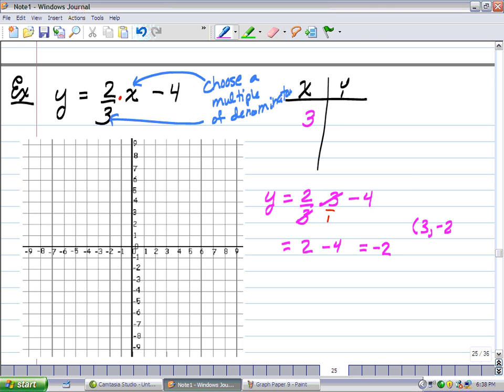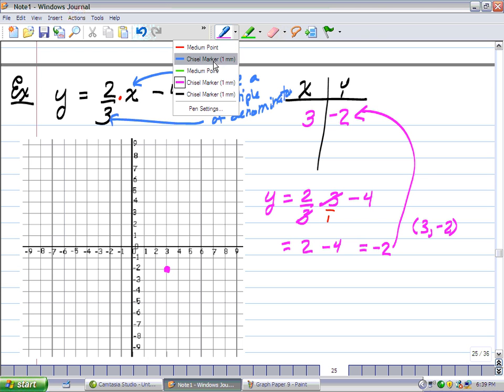So my point is going to be 3, comma, negative 2. So I'm going to go over to 3 on the x-axis and down to the negative 2. I need to pick another multiple of 3. How about negative 3?